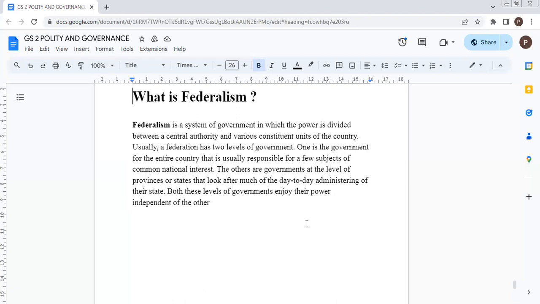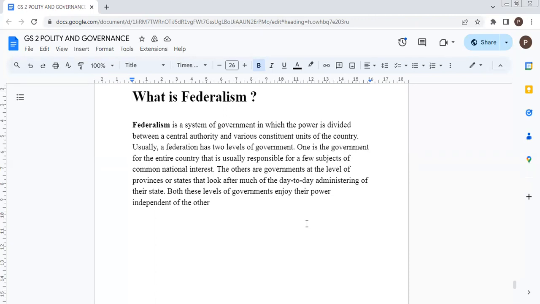Then in federal government, we have a written constitution, because if there is no written constitution, it becomes practically difficult to identify what comprises the tasks and responsibilities of the respective governments. For example, in India, we have the central government and state governments.